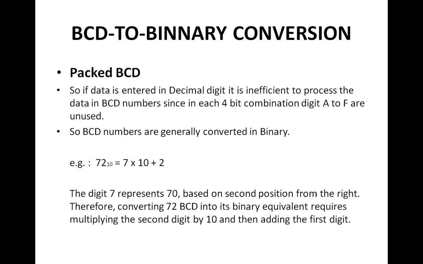Meaning, if 72 is given and it has to be converted into binary, we have to separate 7 from 72 and 2 from 72. Because 7 is in the second position, we multiply 7 by 10 and then add 2 to get 72.